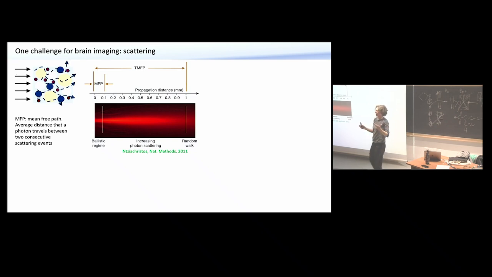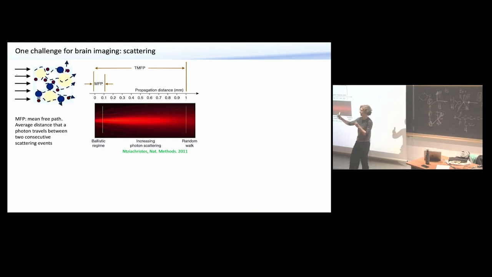So what is scattering? Scattering is when you send photons inside the brain, inside tissue that has many different particles of different sizes. The small particles will diffract the light, so they will change its direction. At the beginning of the tissue, the light is not yet scattered, and you have ballistic light.